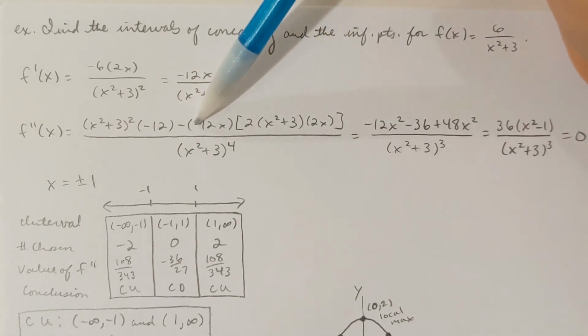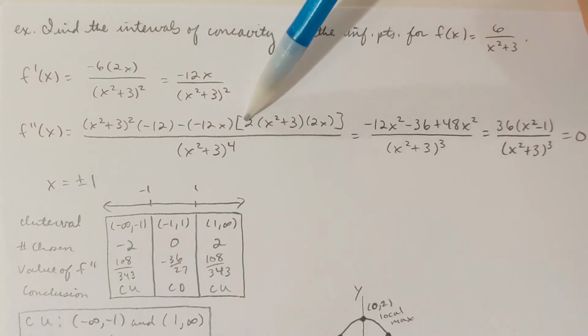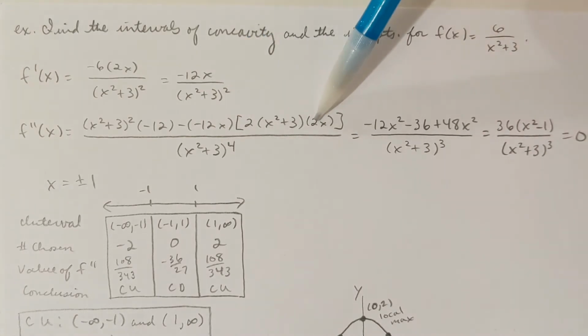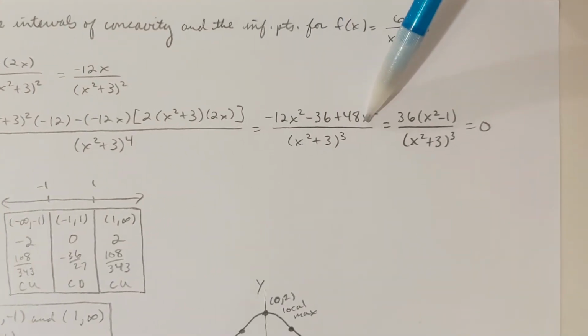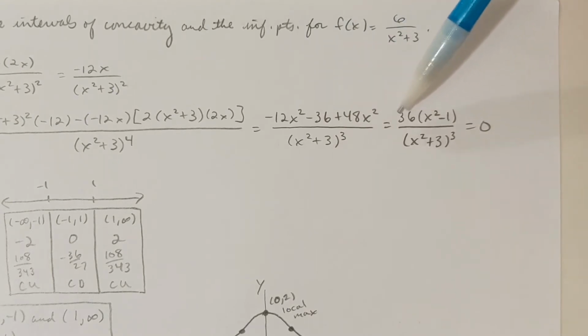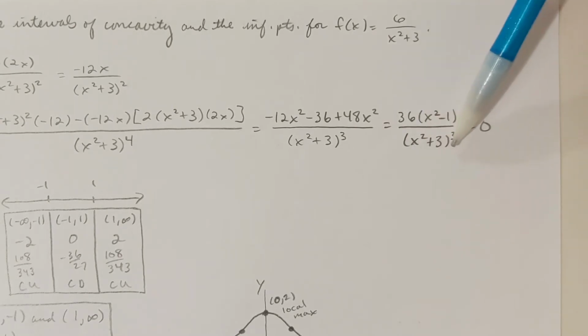You're subtracting a negative, so that means that you'll be adding. 12x times 2 is 24x, times 2x would be 48x squared. Okay, combine these terms, and 36 would be in common. Okay, so you can factor that out. 36x squared minus 36. 36 is in common. You can factor that out, like I said. And here would be our second derivative in simplified form.